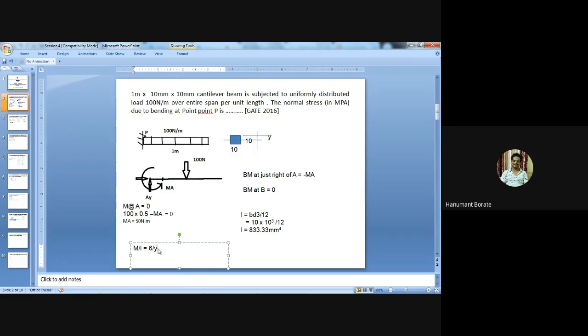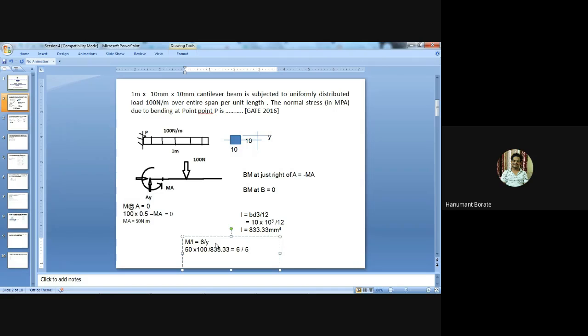Now the value of M is 50 Newton meter, so I will convert it into Newton mm: 50 into 1000, divided by I, 833.33, equals sigma divided by Y, which equals 5.